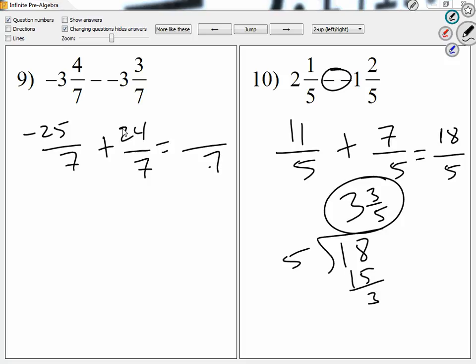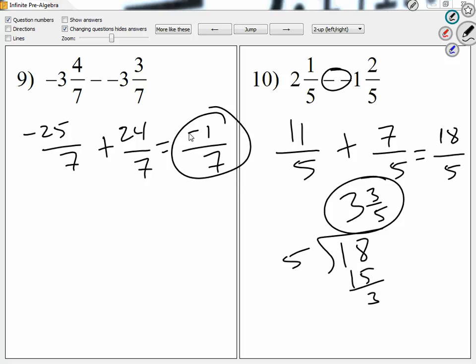So I know I copy the 7 at the bottom. How much is negative 25 plus 24? Negative 1. I don't have an improper fraction, so I'm good. Remember, when the signs are different, like in our case, we subtract them and keep the sign of the larger. So that's why it's negative 1.